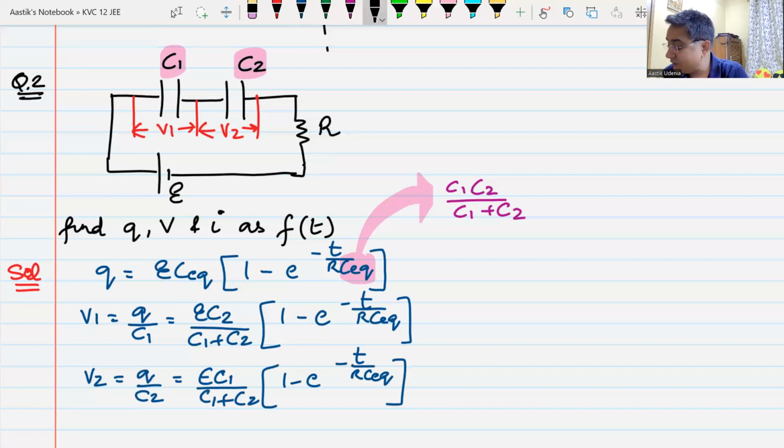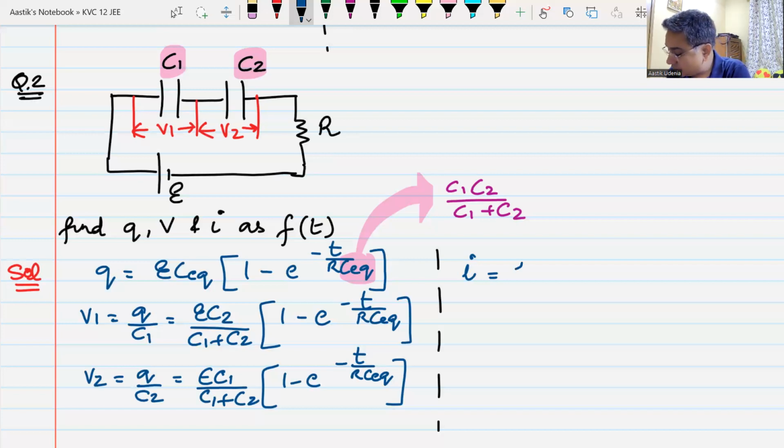The only thing that is left now is to give you the value of current. Can I expect that you can give me the value of current in this circuit as a function of time? Anyone? No one?